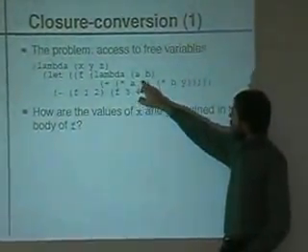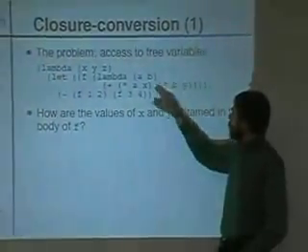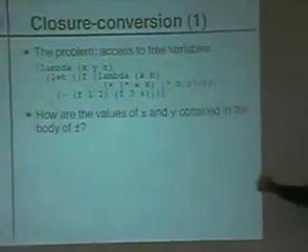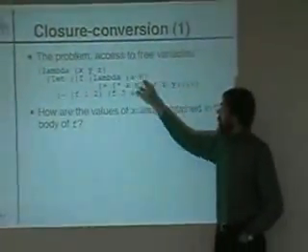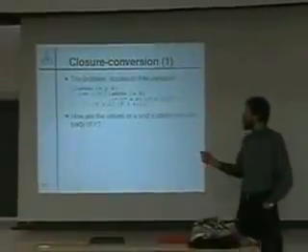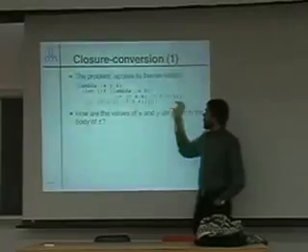And this function accesses x and y, which are actually defined in the outer lambda. A and b are parameters, so we have bound occurrences here, a and b, and then free occurrences of x and y.